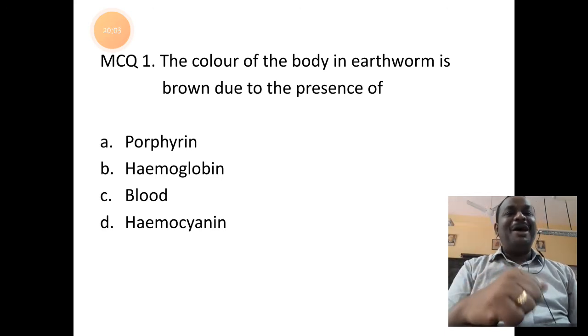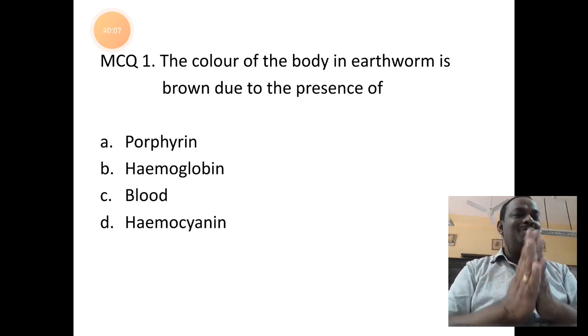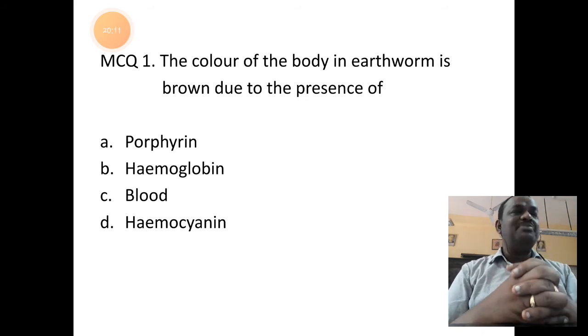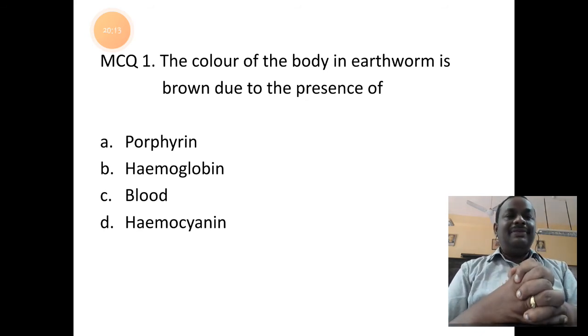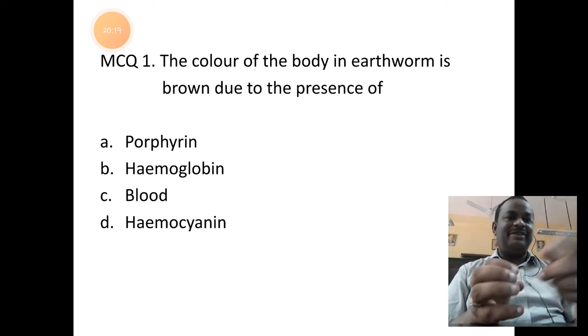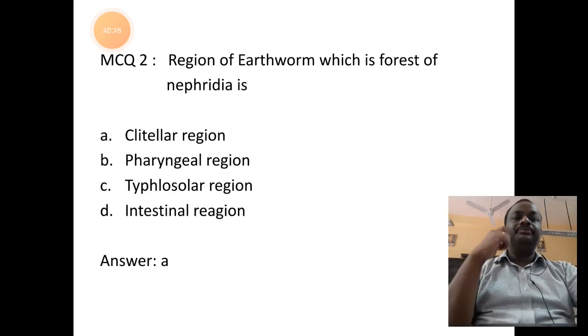Now we will test ourselves on how well we have followed the concept of morphology by answering the MCQs. The color of the body of the earthworm is brown due to the presence of which particular pigment? Definitely it is A, porphyrin, which acts as a protective pigment against light.